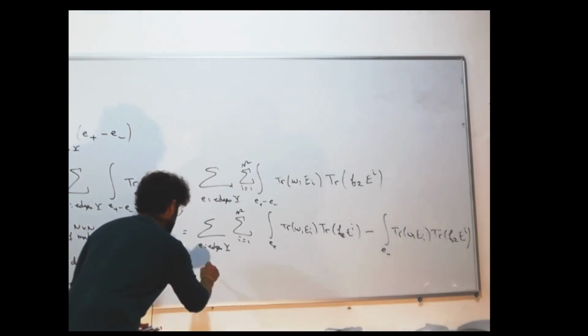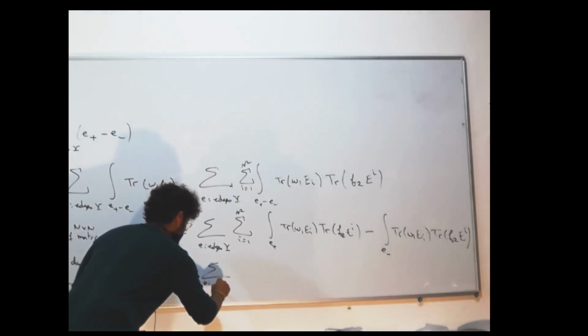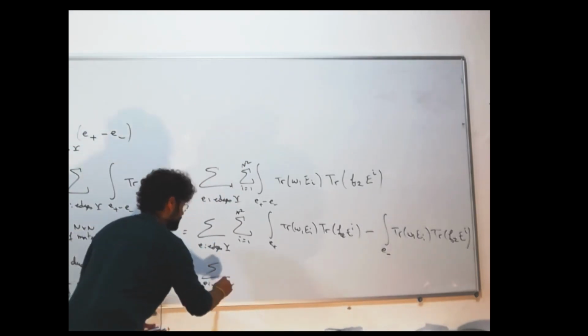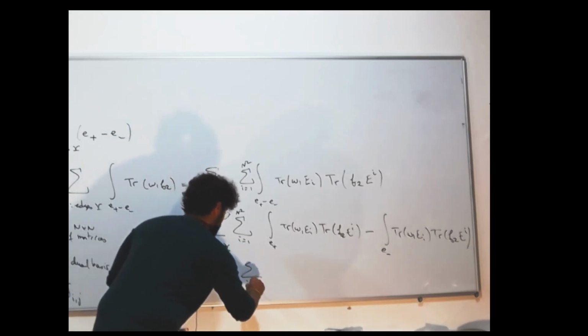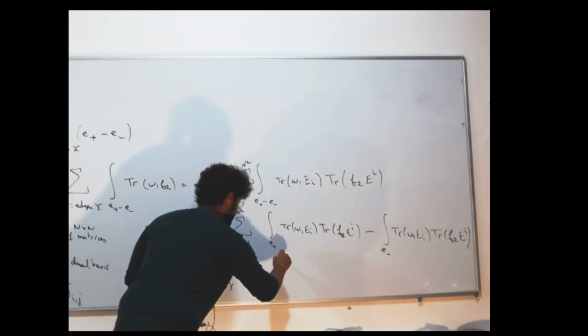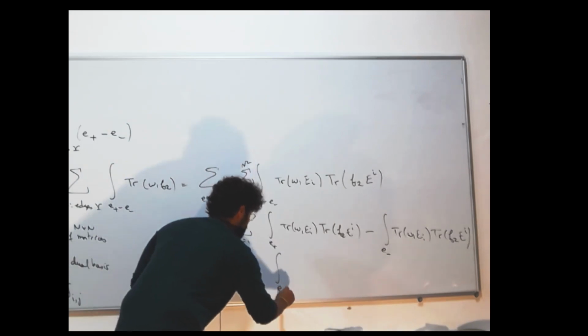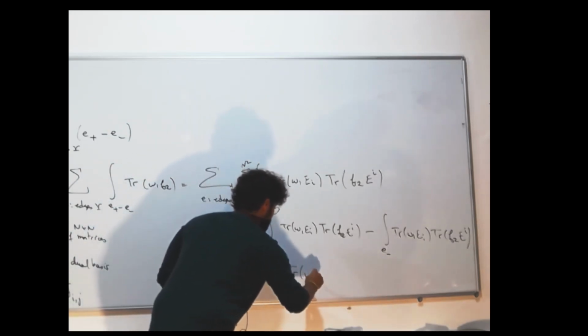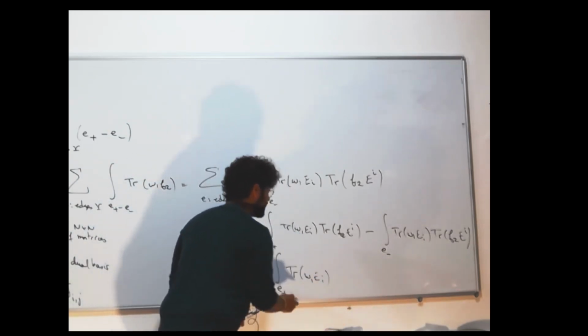Which means that this here, sum over I equals 1 to n squared, now this is E plus, trace omega 1 EI, okay?